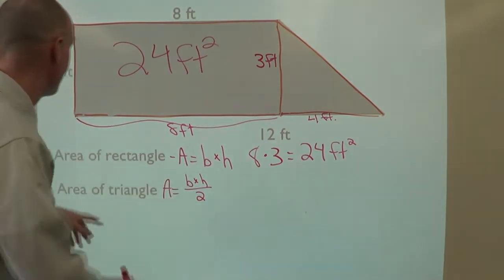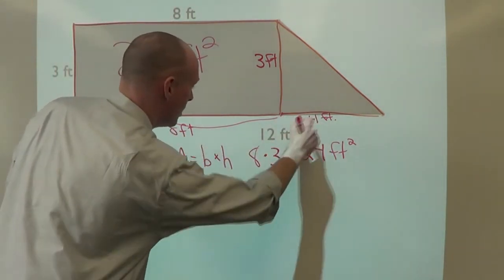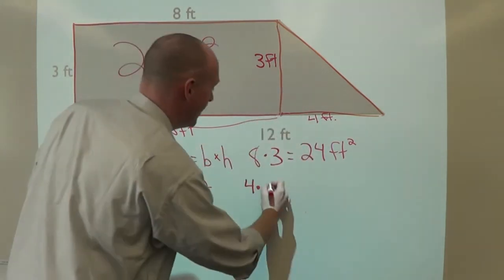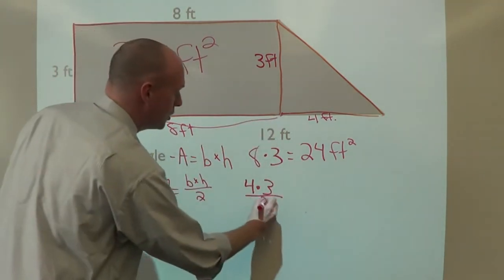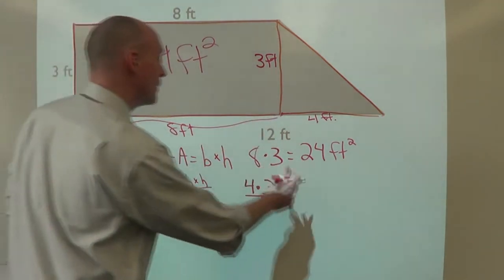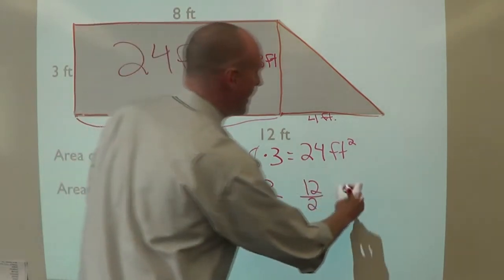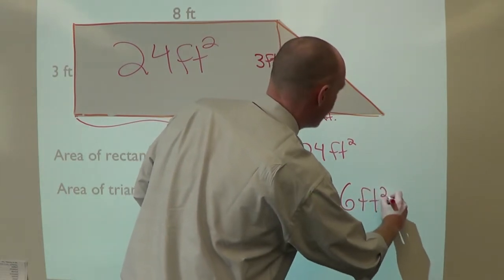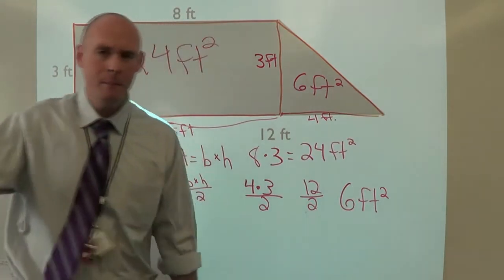The area of a triangle is base, which is 4, times 3, divided by 2. 4 times 3 is 12, divided by 2. 12 divided by 2 is 6 feet squared. Okay, cool.